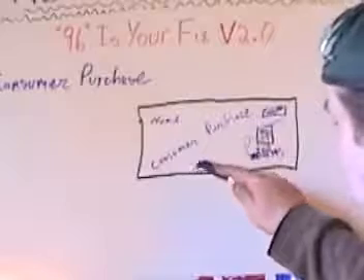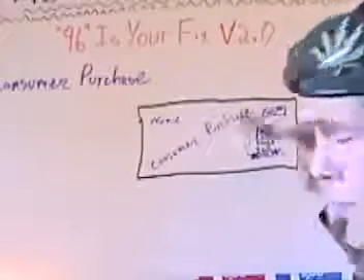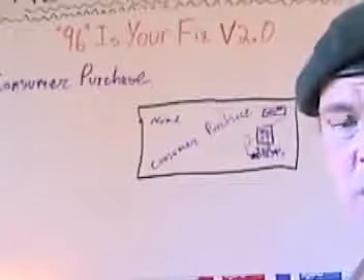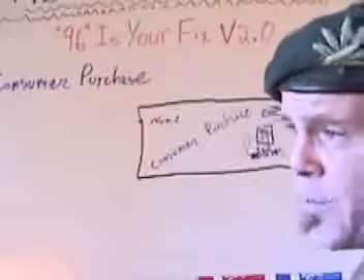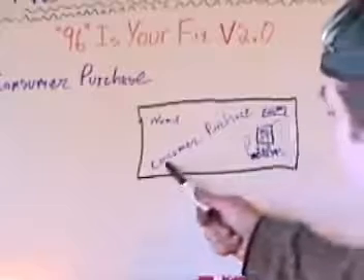Once you have done all that, your consumer purchase, the stamp on it brings in the Postmaster General, both as a witness now to this process, and he ends up having a duty to make sure that this stuff gets properly delivered.